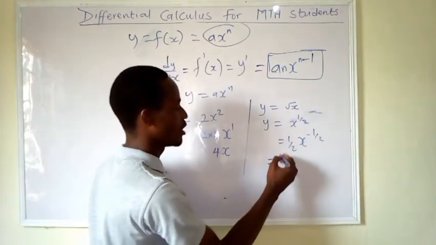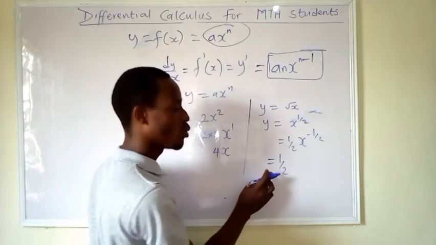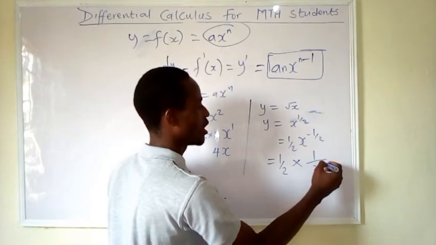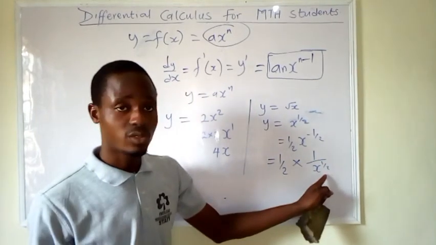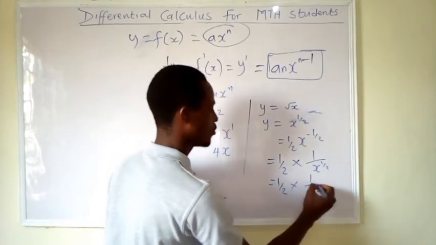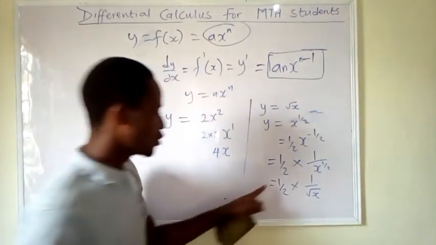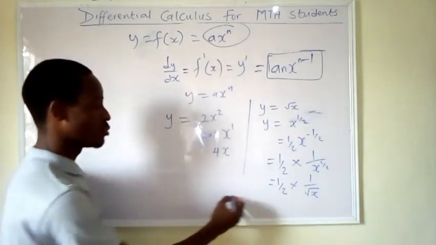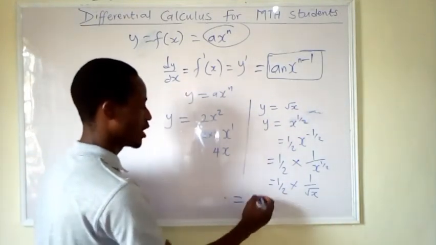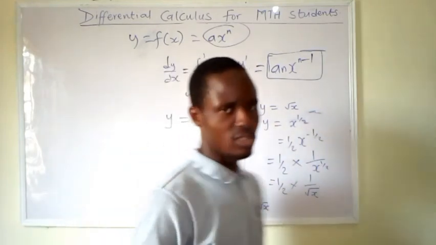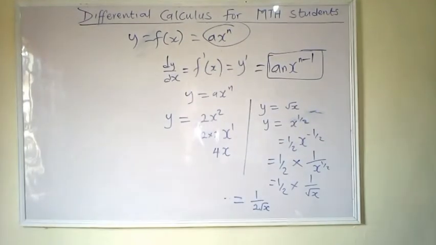So if I would express this in what I had before, that would be 1 over 2 times 1 over x raised to the power half. And don't forget x raised to power half is root x. So I have 1 over 2 times 1 over root x. So multiplying the numerator with the numerator and denominator with the denominator, I'm going to have dy/dx equals 1 over 2 root x, which is also equivalent to what we got the other time.